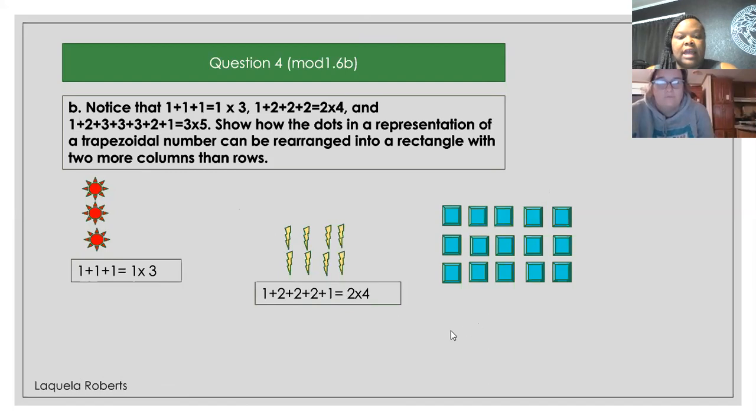That gives us a little lightning bolt. 1 plus 2 plus 3 plus 3 plus 3 plus 2 plus 1 equals 3 times 5. So it's 3 here and 5 across. So that's how you will figure that.